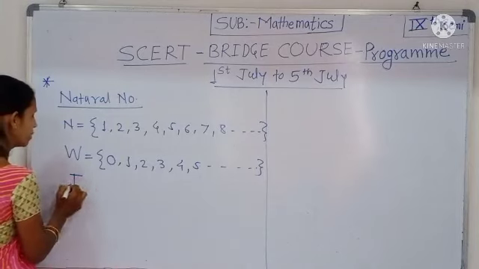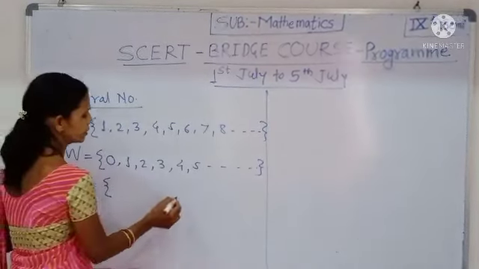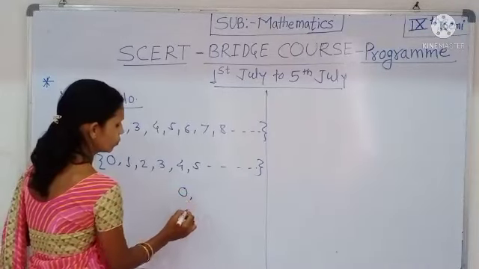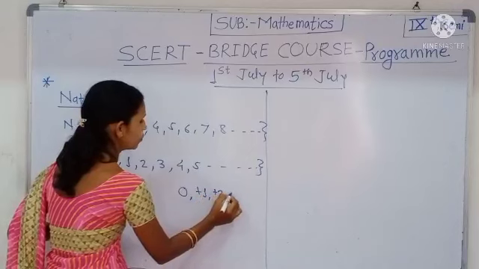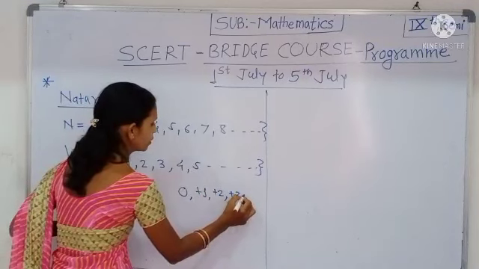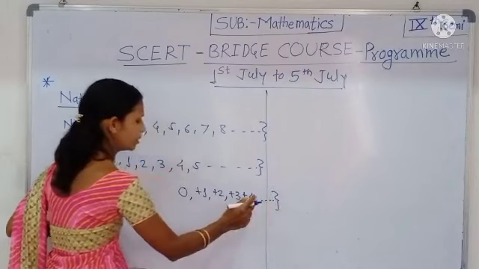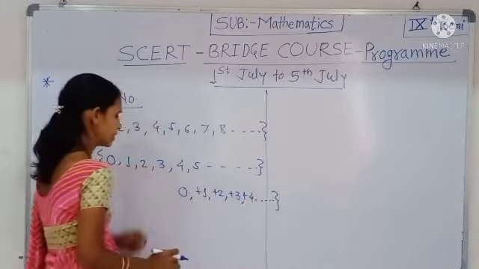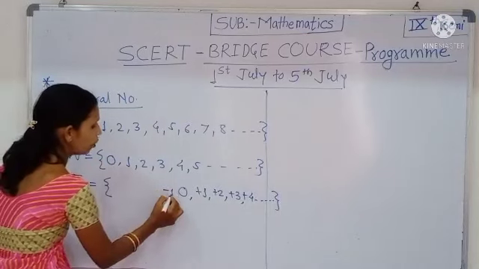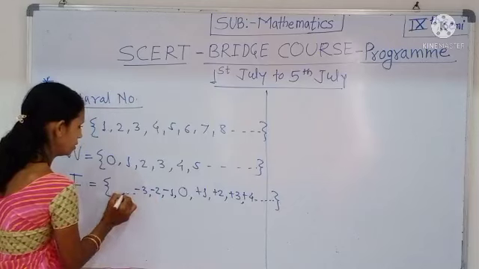Then the integer set contains 0, all positive numbers, that is plus 1, plus 2, plus 3, plus 4 and so on. That means there are infinite positive numbers, as well as all negative numbers, that is minus 1, minus 2, minus 3 and so on.